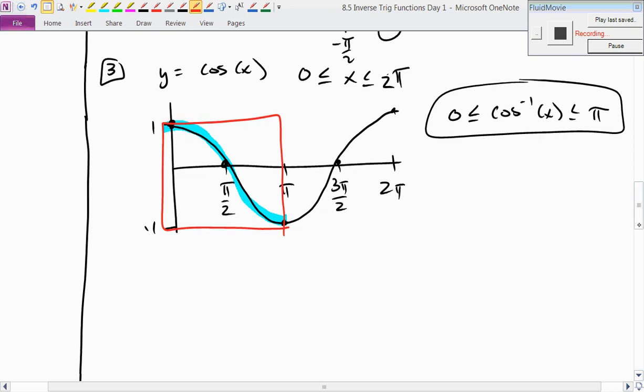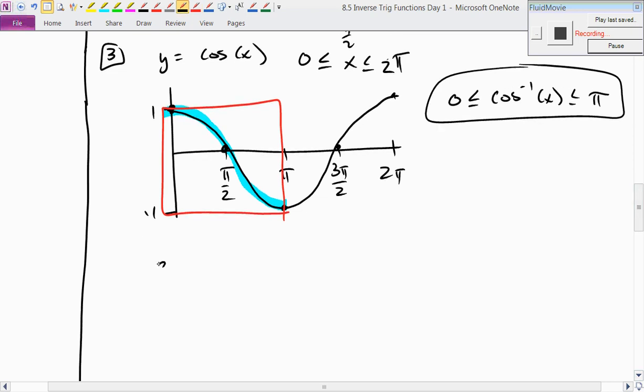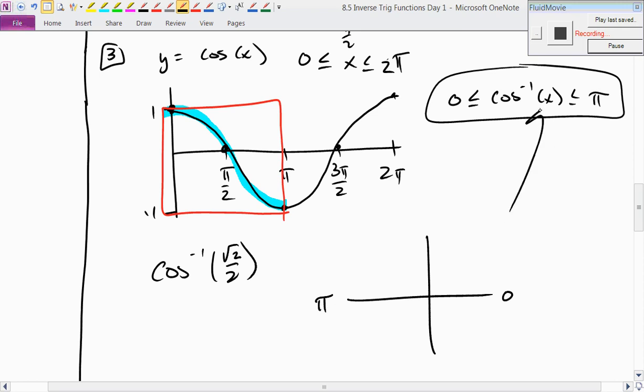All right, so let's examine one of these then. What would be the cosine inverse of root 2 over 2? Let's play with this one here. Well, I know cosine is restricted from 0 to pi, because that says so in my domain.